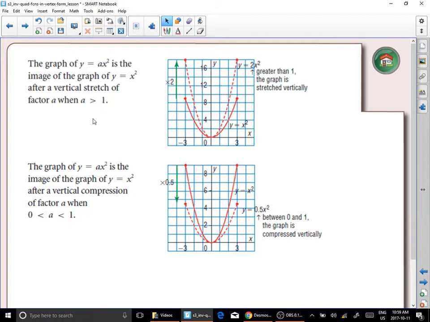Either it's bigger than 1 and it's a vertical stretch, or it's between 0 and 1, and then it's a vertical compression. Okay? So stretch and compression are the mathematical terms that we use to represent those situations.